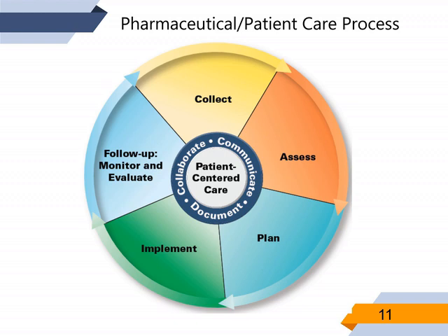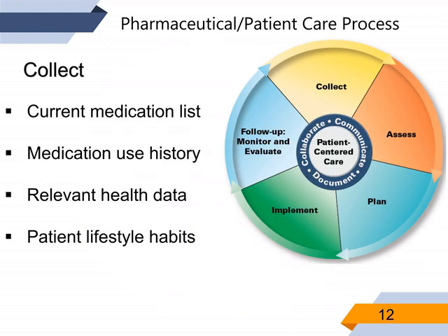Information may be gathered and verified from multiple sources including existing patient records, the patient, and other healthcare professionals. This process includes collecting a current medication list and medication use history for prescription and non-prescription medications, herbal products, and other dietary supplements.